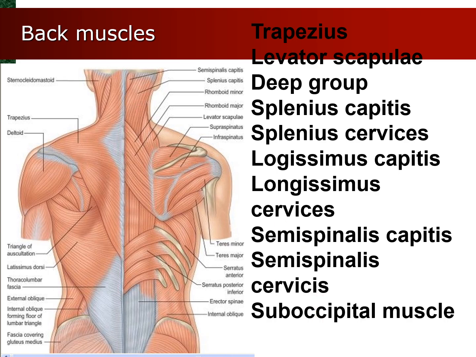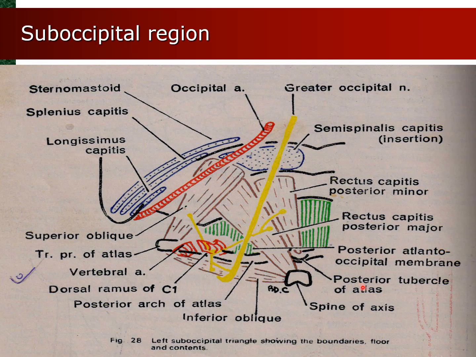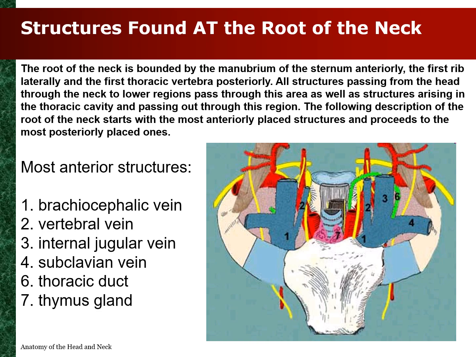The suboccipital triangle is important because the third part of the vertebral artery and the greater occipital nerve pass here, and it is useful for the surgical procedure of cisternal puncture if there is a contraindication to lumbar puncture. So these are the important regions of the neck.